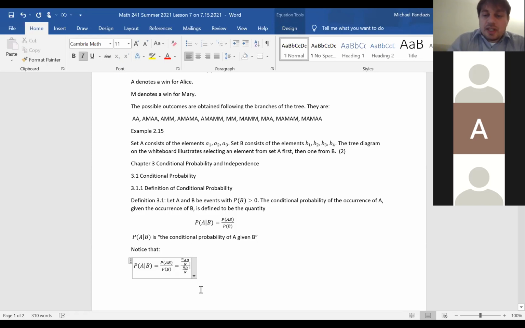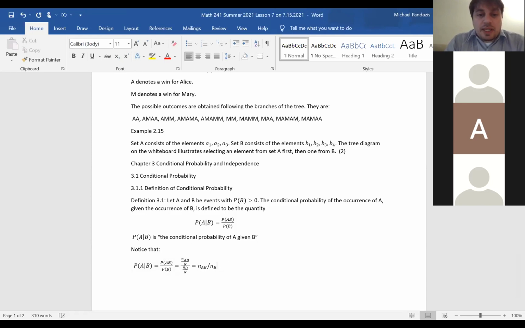You can cancel them out, and you get that this is equal to N sub AB divided by N sub B.